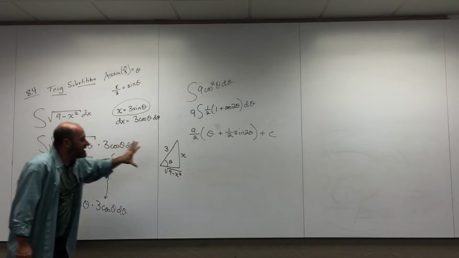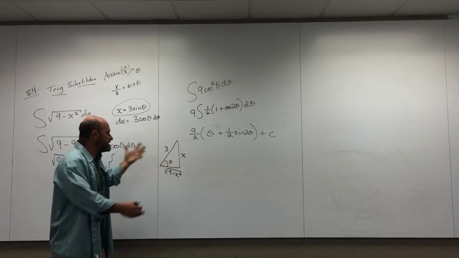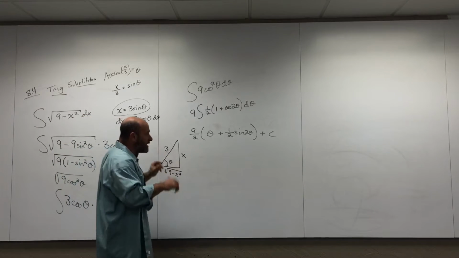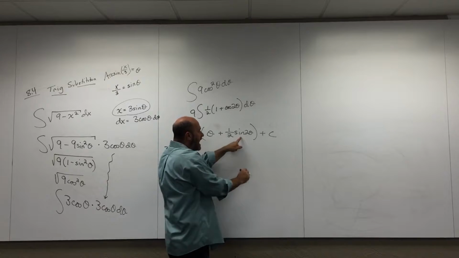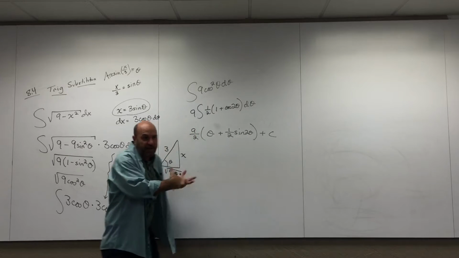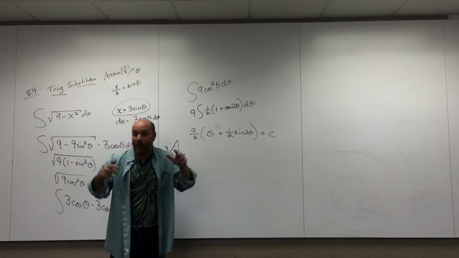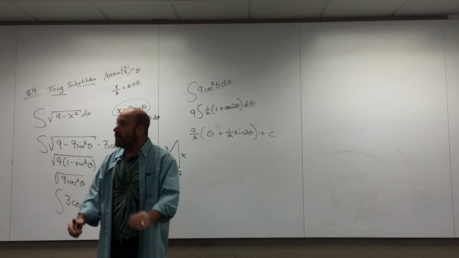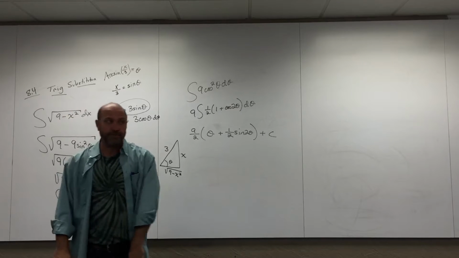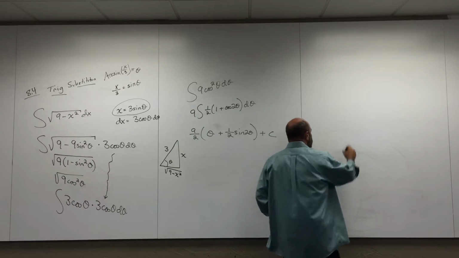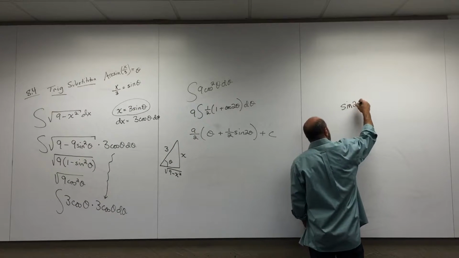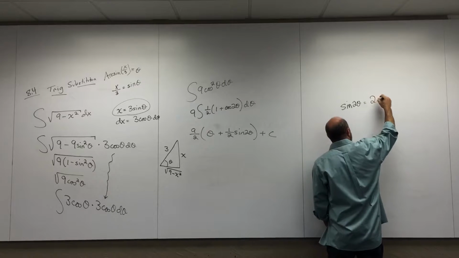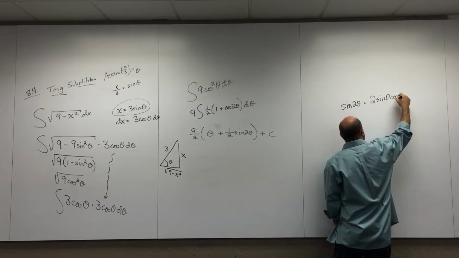This is a picture for theta. What's bugging me in this problem is I've got this sine of 2 theta, and I don't have a picture for 2 theta. I wish I could get rid of 2 theta. You know, there's a double angle identity: the sine of 2 theta is 2 sine theta cos theta.